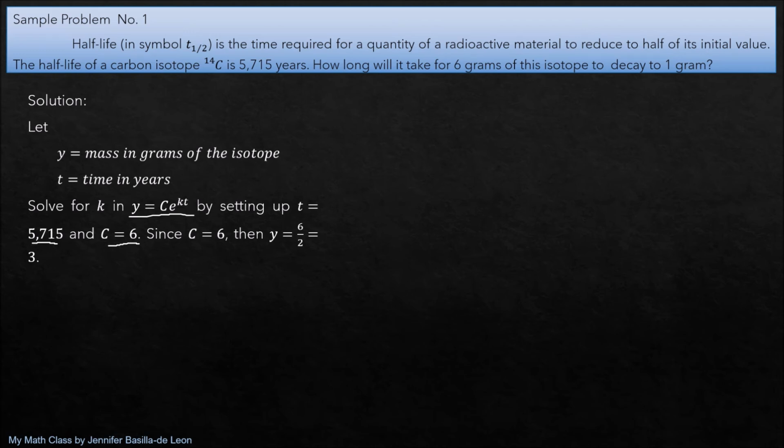Since c is equal to 6, then it will be reduced to 3 by dividing 6 by 2, since the implication of the word half-life means that the quantity of the material is reduced to half of its initial value.